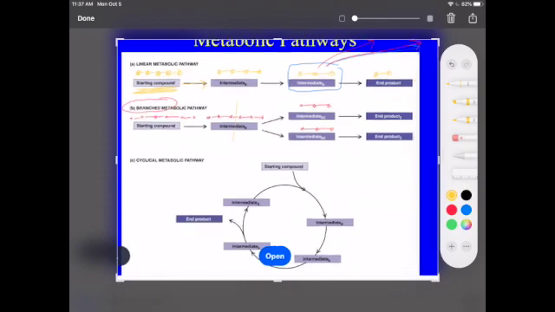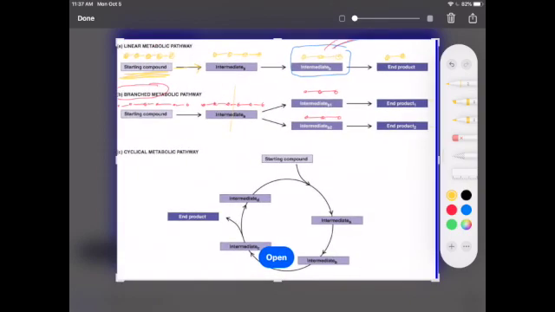And this should look a little familiar here too. You have a starting compound that combines with something else and they form one bigger one, and then it undergoes another chemical rearrangement, and then another chemical reaction, and then another one, and one of the end products here is actually one of the starting ones. It feeds back into itself. This is cyclical.